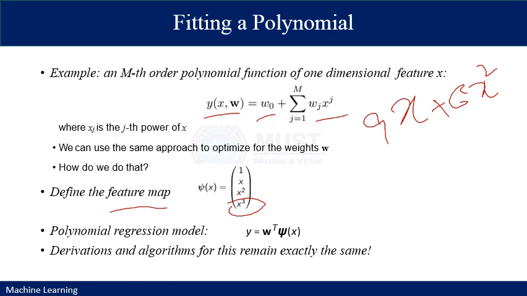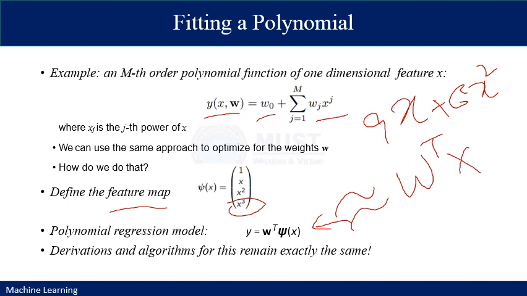So we get the polynomial regression model, which is W transpose and a feature map of the input feature vector, which is much closer to our previous representation of the linear model, which was W transpose and X.